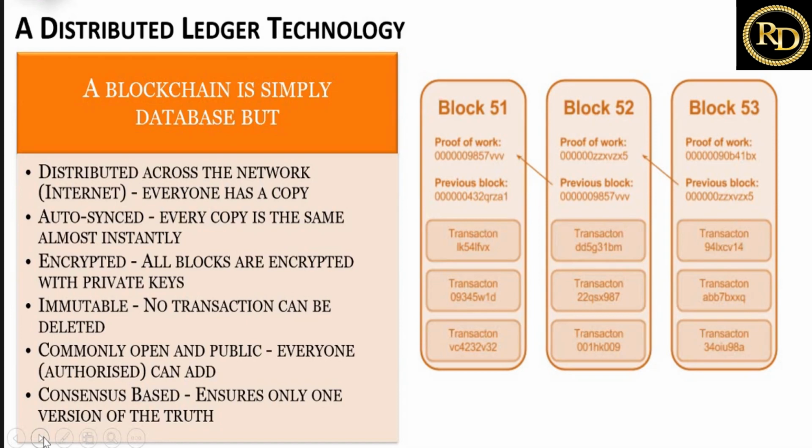So if you want to change block 51, it is nearly impossible because it is connected to block 50. Similarly, if a change needs to be made in block 52, it is impossible because it has a reference to block 51. So individually, you cannot change or delete any transaction. Commonly, it is open and public, so everyone authorized can add blocks, and it is consensus based, ensuring only one version of truth.